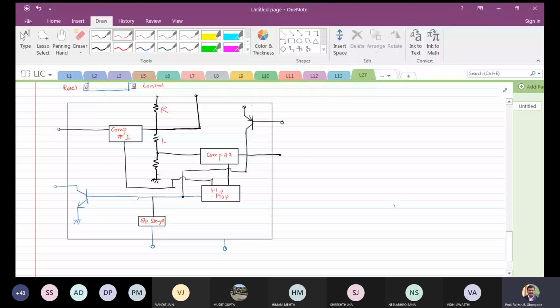Here we have a threshold, the pin number is 6, and this is discharge, which is 7. So this is the internal block diagram of the 555.